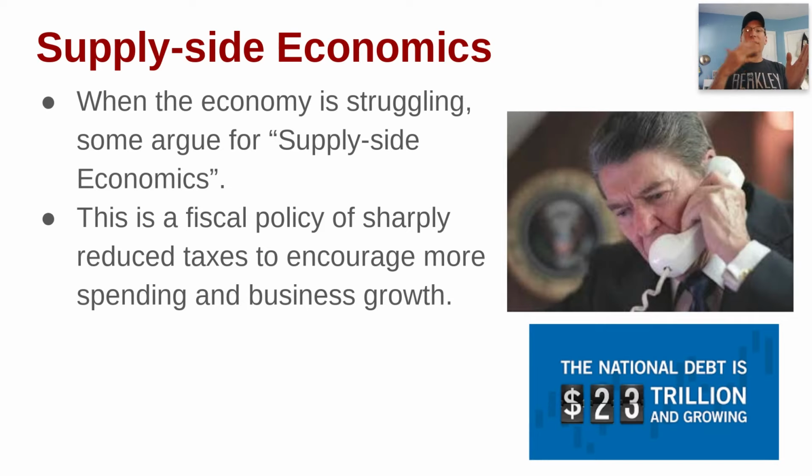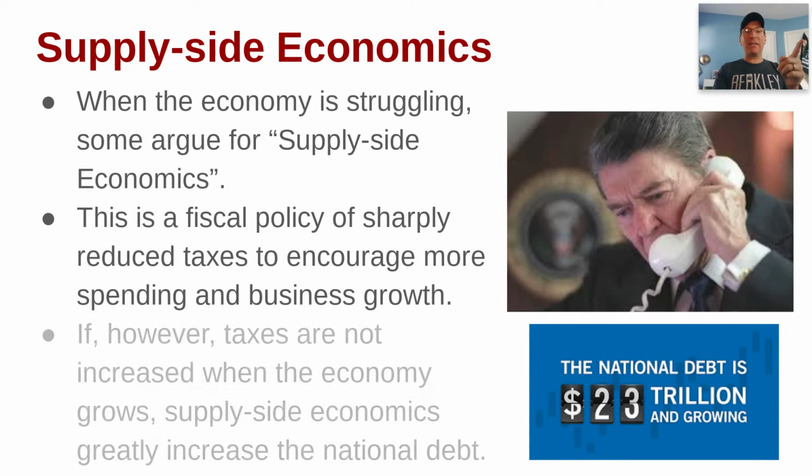The government doesn't need to spend. The government just needs to cut taxes dramatically to give businesses and people more money so that they will go out and spend that money in ways that promote growth. That is the idea of supply-side economics. People should spend, not the government. The government helps people spend by slashing taxes.